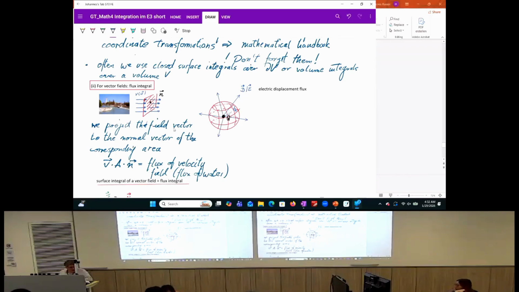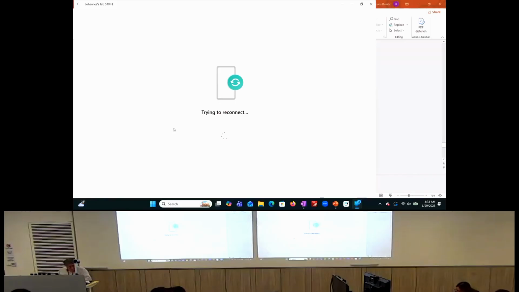Now you also have a vector field of that electric field, and you can give a flux of the electric field through this surface. And in that instance here, you have actually a closed surface over that sphere.